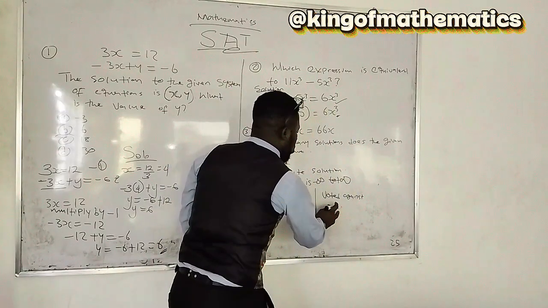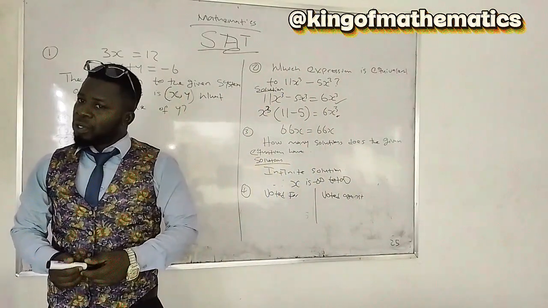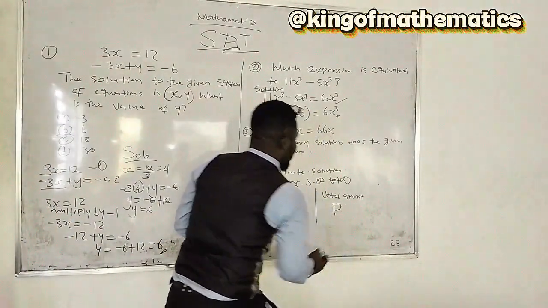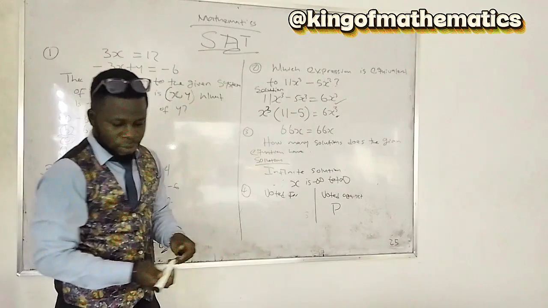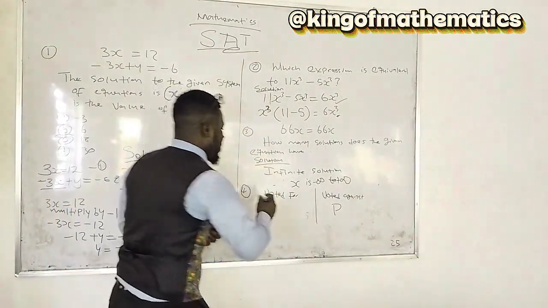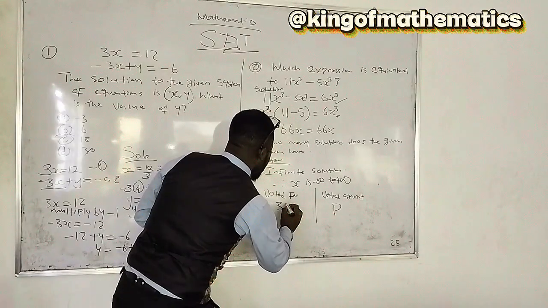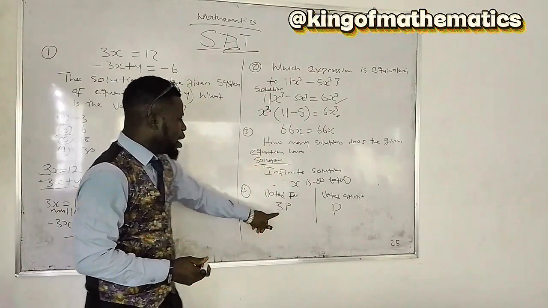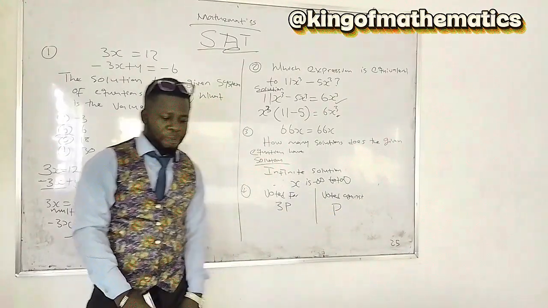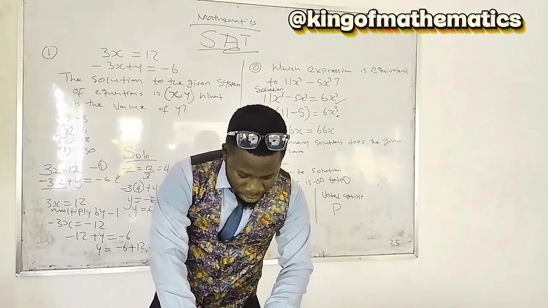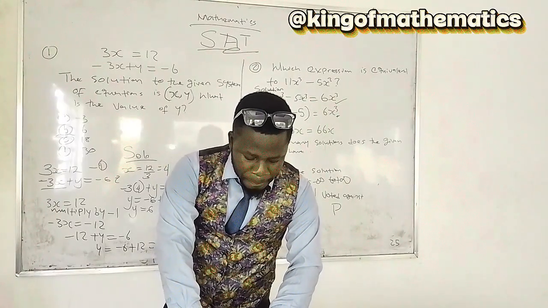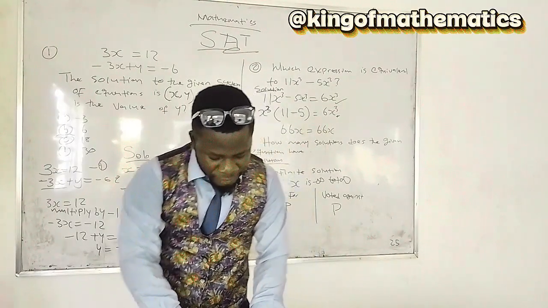If we give a particular letter to voted against, you can call it P. So if voted against is P, from what you are told, 3 times as many people voted for, so that will be 3P. In terms of ratio, we have 3P to P. Then the next thing is we are told that a social media post reported that 15,000 more people voted in favor.